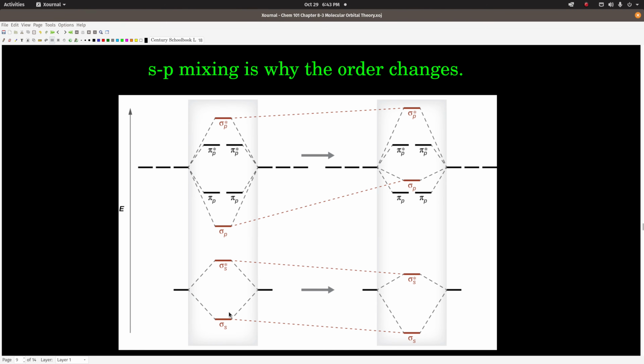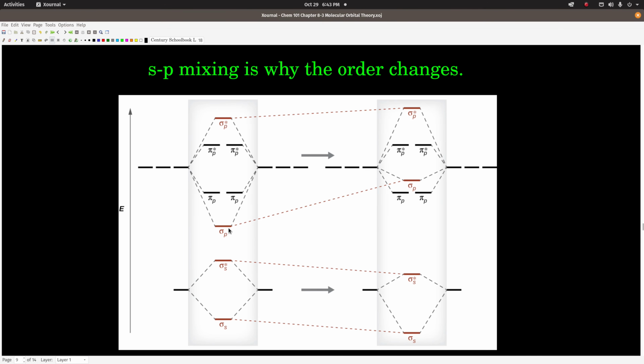So the sigma s and the sigma p orbitals, if they're close enough in energy, they interact, they mix together, and the result of that is that the sigma p molecular orbital goes up in energy, sigma s goes down.